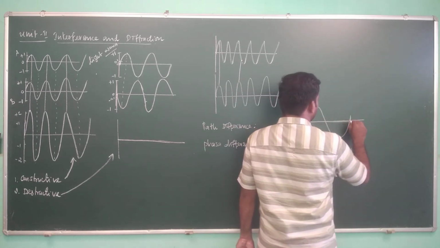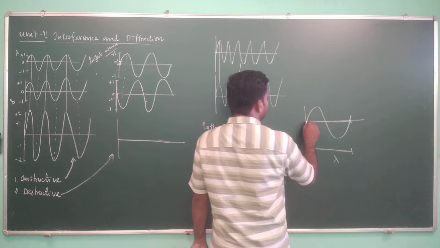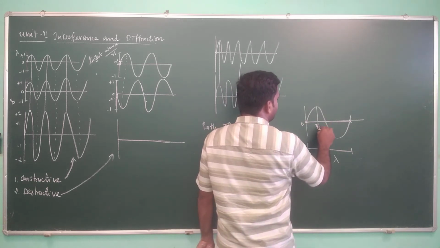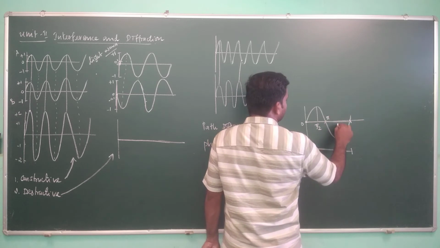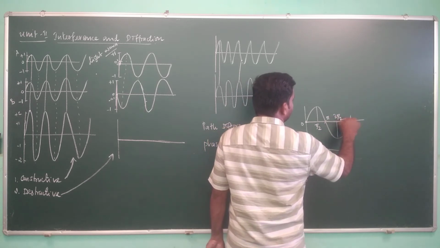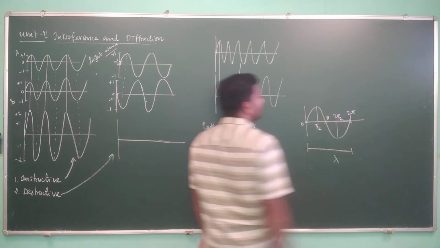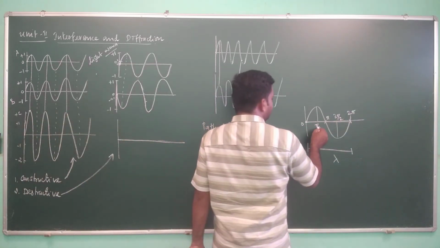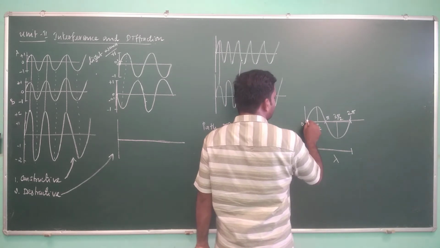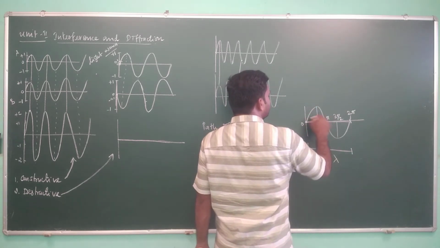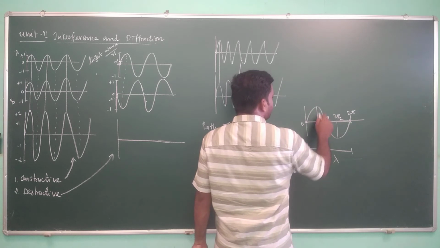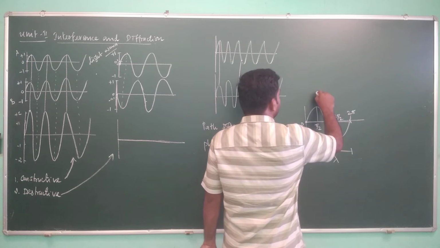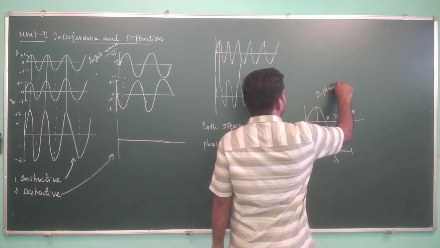From this point to this point. Now at this point it is zero phase, this is the phase of pi by 2. Here it is pi. Here it is 3 pi by 2. Here it is 2 pi. And the value of this angle will slowly increase, right? When the amplitude builds up. When it comes down, it further increases in this way, right? This theta is called phase. Okay.